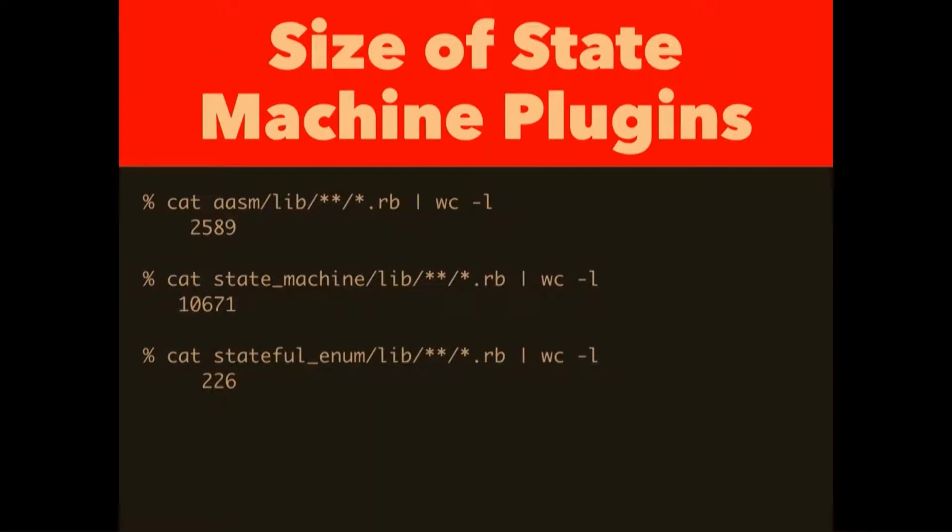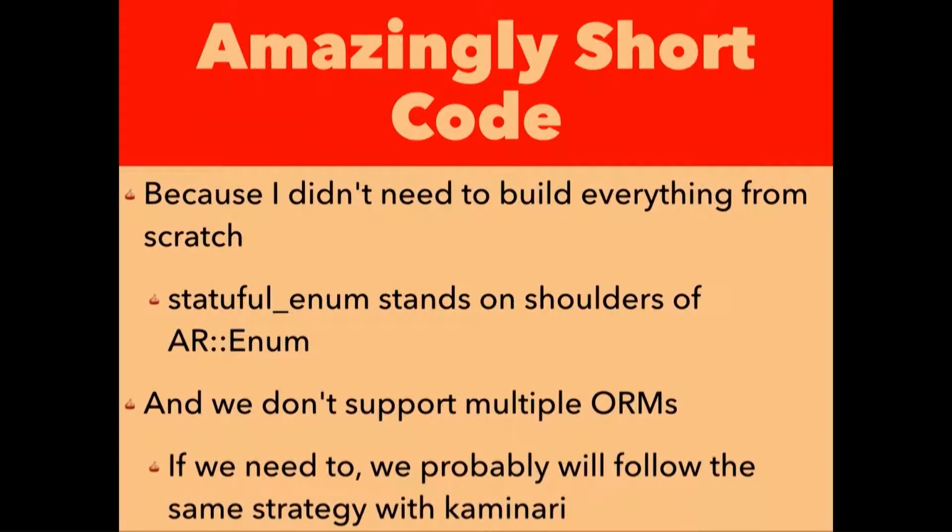Here's the size comparison. It's like 200 lines of code, and it's done. It's amazingly short because I didn't need to build everything, like the DSL and persisting values and creating scopes, etc. So I'd say stateful enum stands on the shoulders of Active Record enum.